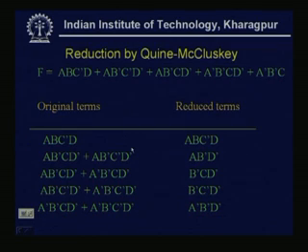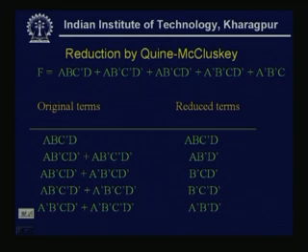Now, because we have taken terms with the same number of complemented variables, here we have A B dash C D dash plus A B dash C dash D dash. See here, A, B dash and D dash, these 3 variables are the same, whereas only C varies.